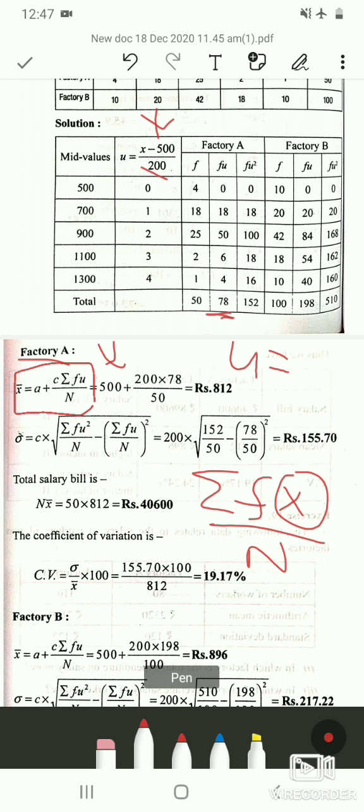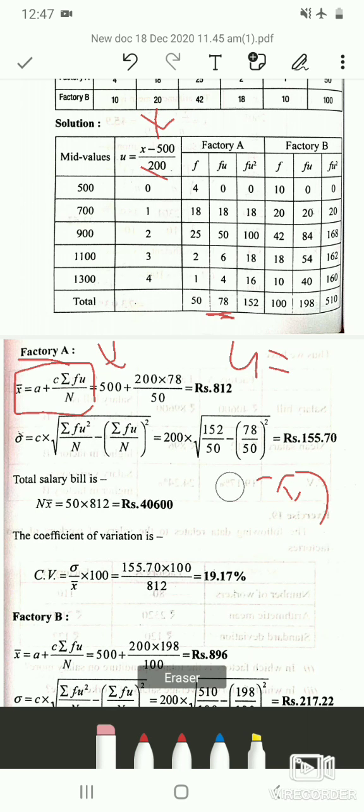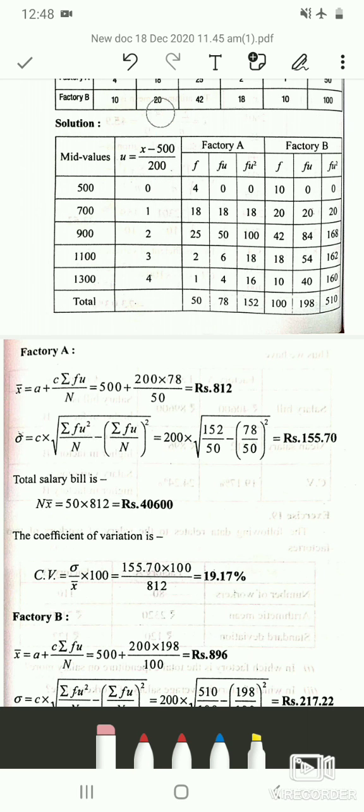So remember the formula for arithmetic mean is this in case of step deviation method, and in case of normal direct method, the formula is summation fx upon n. So if you are going for step deviation method, you can use this formula, or you can make an extra column which is summation fx. You have x values and you have f values, so multiply and then add it, and you will get the value of x bar.